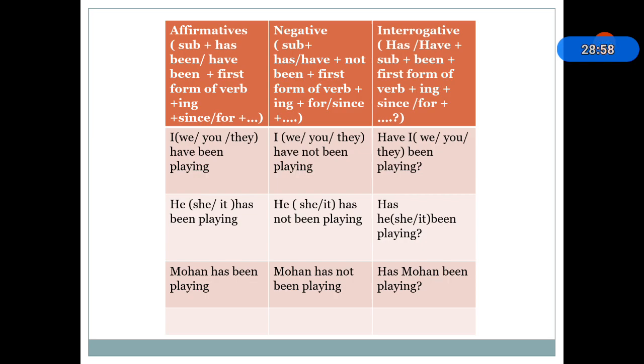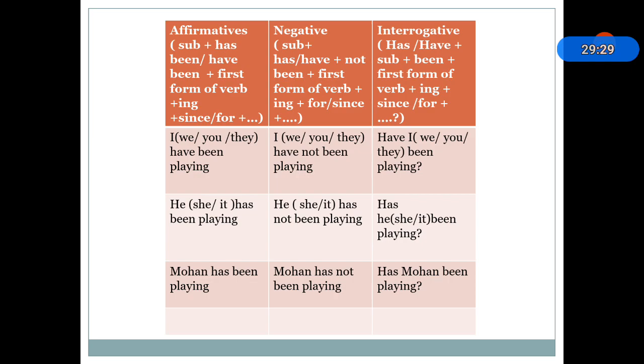Now let's see the negative sentences and the rule of framing the negative perfect continuous tense. The rule is subject plus has or have plus not plus been plus first form of verb plus ing plus for or since and plus the object.